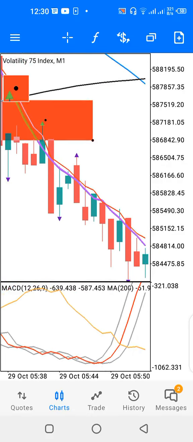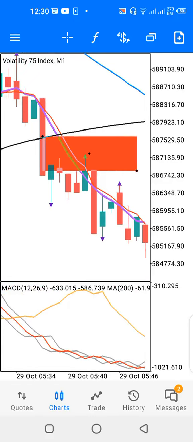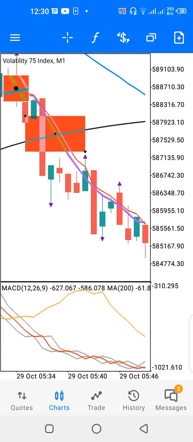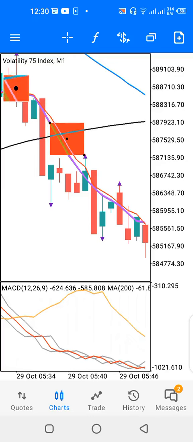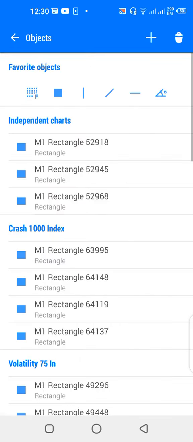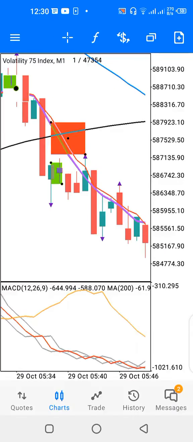As we can see on the screen, the 6-period Bollinger Band and the moving average crossed at this particular point, and you have the formation of a first bearish candle around here, the second and the third. So it will be ideal to place your sell trade somewhere around here.